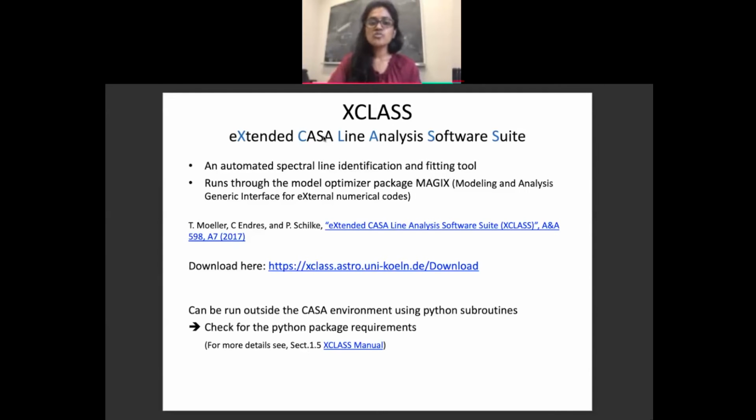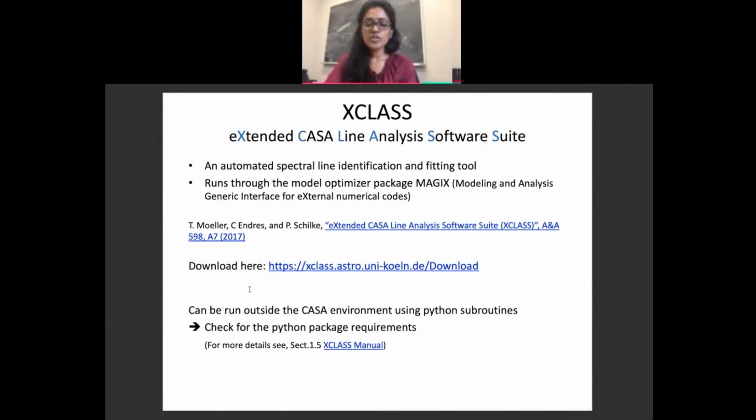It runs through a model optimizing interface known as MAGIX, and I would highly recommend going through Thomas Möller and collaborators' papers which explain the workings of X-class. Now, you can also download X-class using this link, which would be useful for your tutorials.